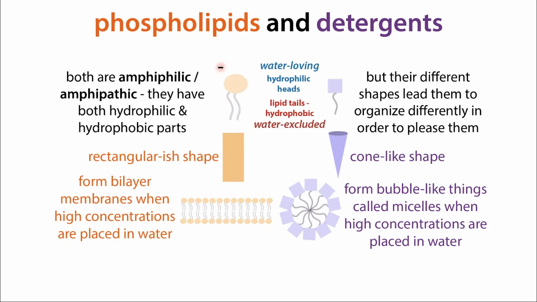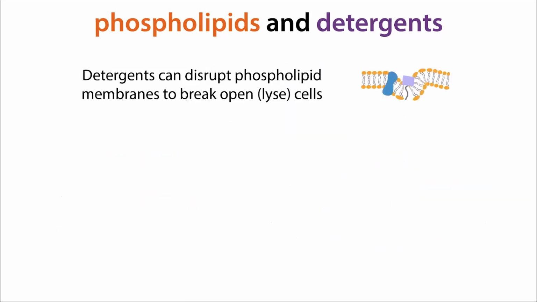But a detergent has that cone-like shape, so it can form these single-layered micelles, bubble-like things where those lipidy tails are in the center and the hydrophilic heads are on the outside. If you were washing away gunk, that gunk would be trapped in the center as well. But hopefully we don't have too much gunk in our protein mixtures.